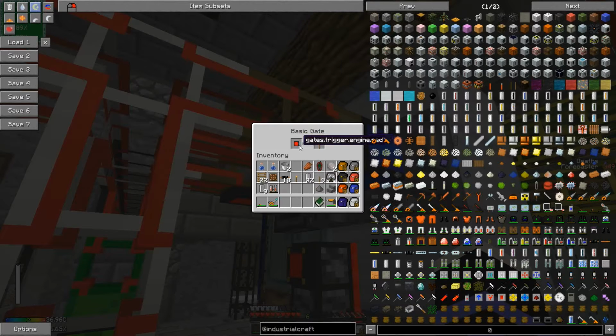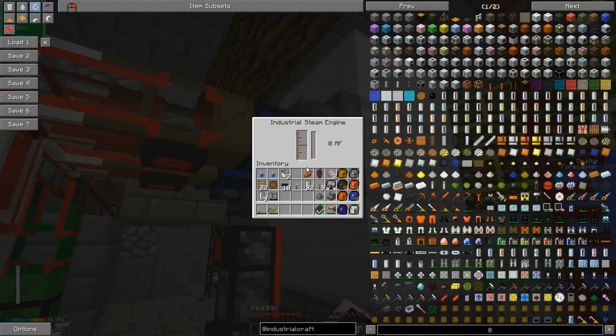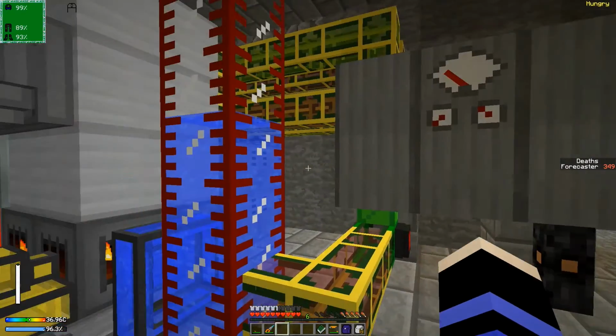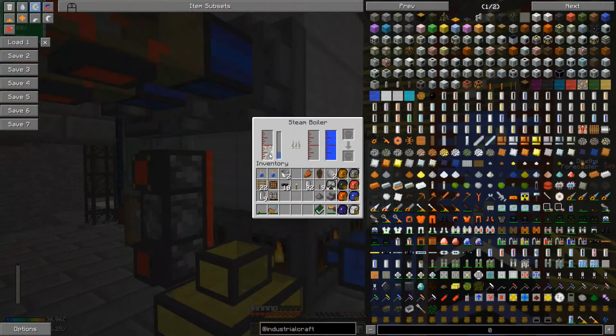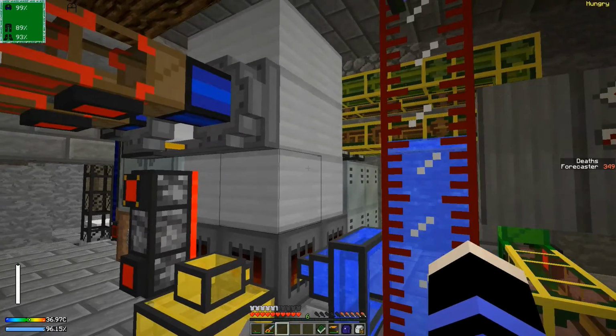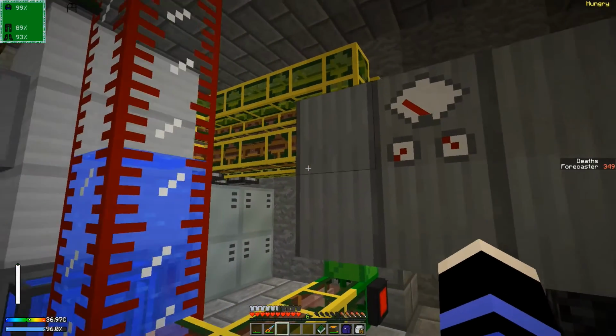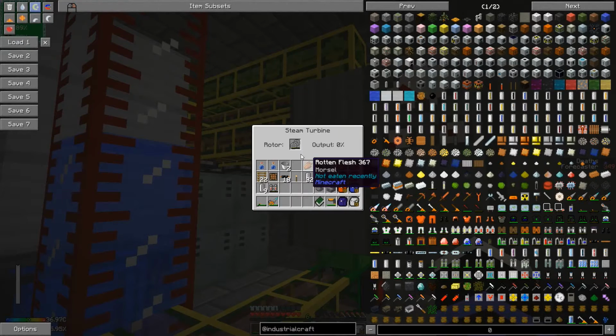And we're going to want to set it to power requested, so that both of our engines can start working as soon as possible, and steam will also go into our turbine. There we go. Things are starting to get back up and running.